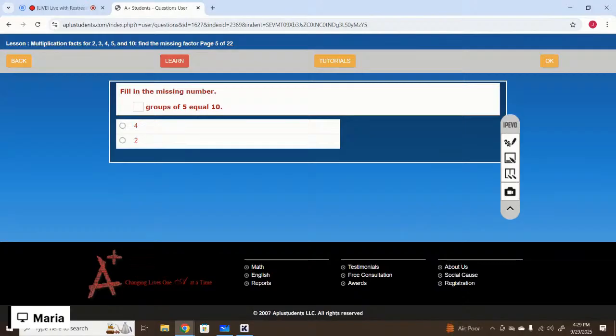Fill in the missing number. Two groups of 5 equal 10. Option number 2 is the correct option.